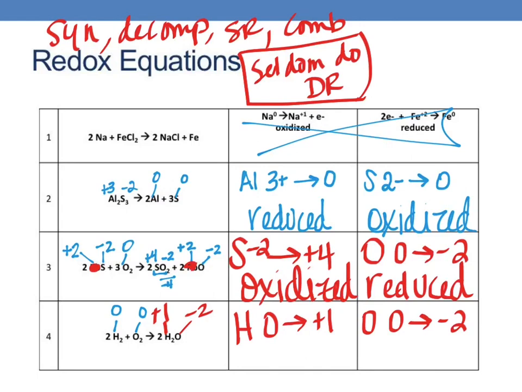So whose number went down? Oxygen. So it is reduced, therefore hydrogen is oxidized. Questions? I want to do one more and then I am done.